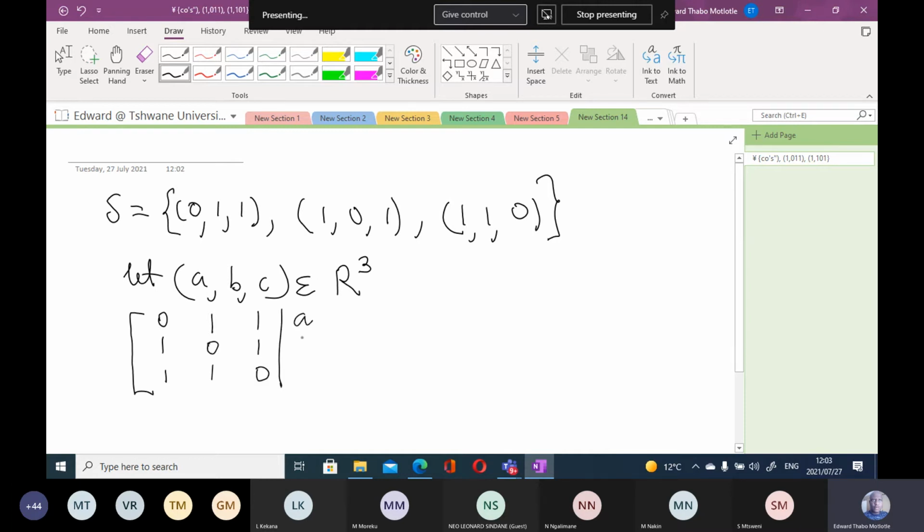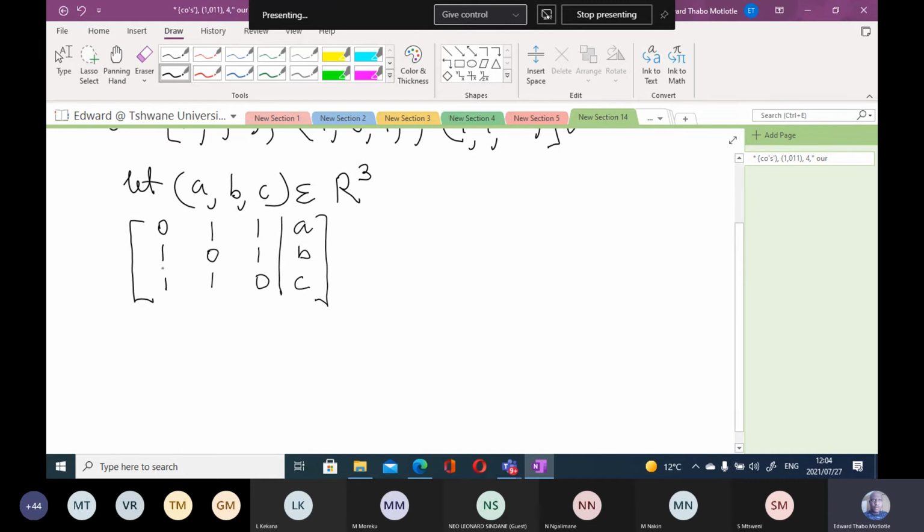I have A, B, and C. Okay. So for this problem, my aim, I must have leading entries here, pivots on the diagonal. If I have pivots on the diagonal using Gaussian elimination, then I can conclude that the given set spans R3.